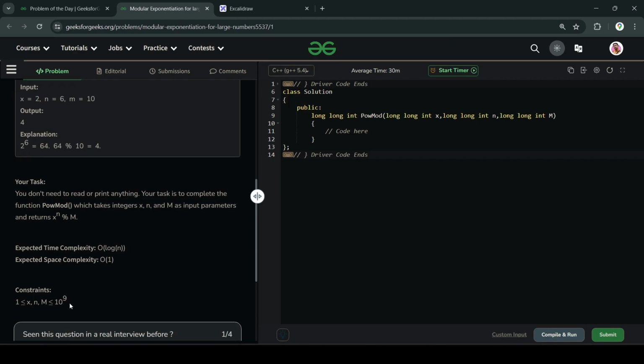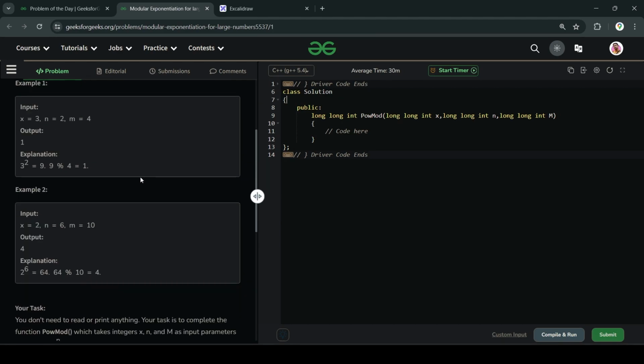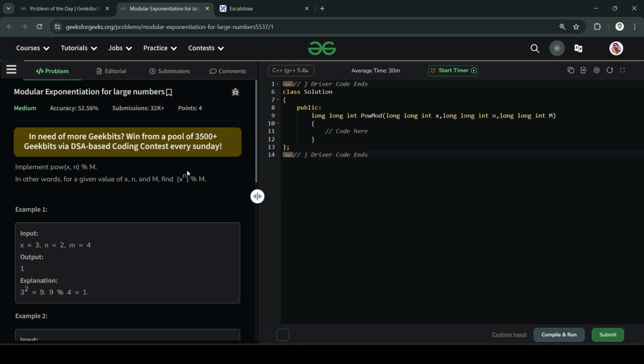That is huge. Obviously, you cannot calculate that many powers. It will not be possible. So that's why they have given mod. And using mod, we have a limited number of digits that we can store in our long int.